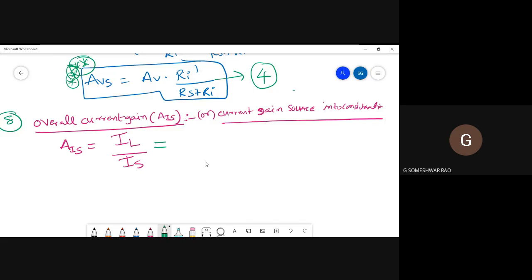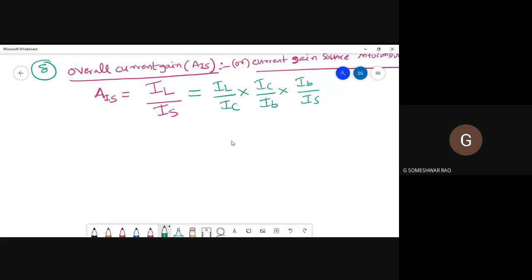Now this IL by IS I can rewrite as IL by IC into IC by IB into IB by IS. సో చూడండి, ఐబీ క్యాన్సిల్ అయిపోయినాయి అనుకోండి, ఐసీ బై ఐఎస్ వస్తుంది, ఐసీ క్యాన్సిల్ అయిపోయింది, ఐఎల్ బై ఐఎస్. Can I write like this? Yes, sir. Very good. Now we have to once again redraw the circuit diagram of the output end.